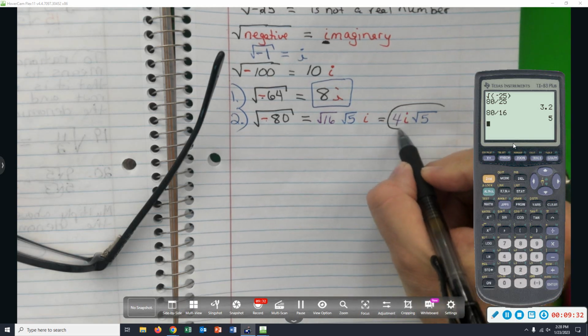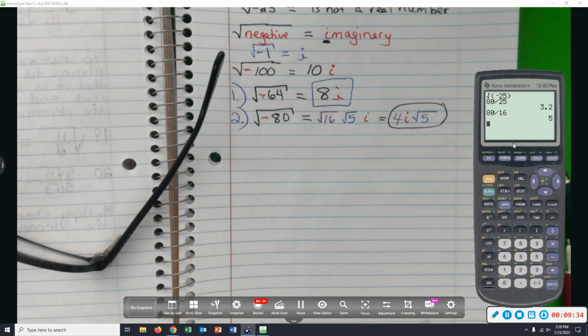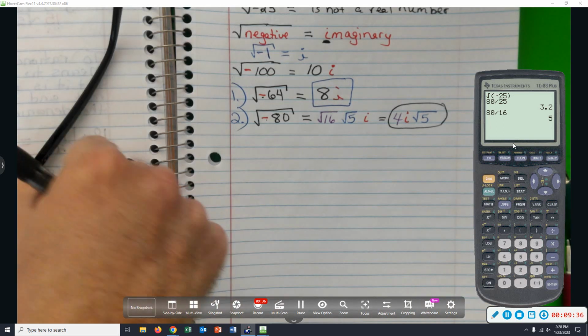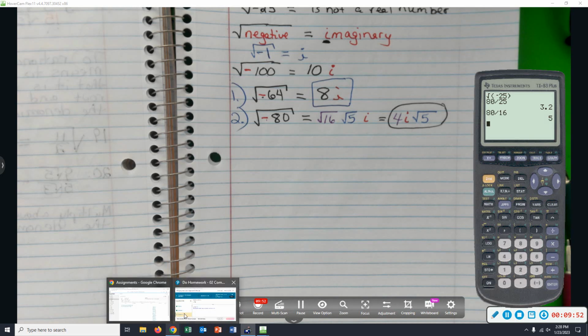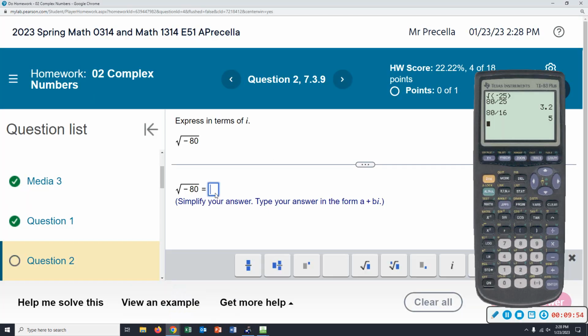Pearson MyLab would accept 4 times the square root of 5 times i, provided it's clear that the i is not under the radical. The i is not left under a radical. That's why we put that i before the radical, so you can clearly tell that the i is not under it. We come over here, we type in 4i.